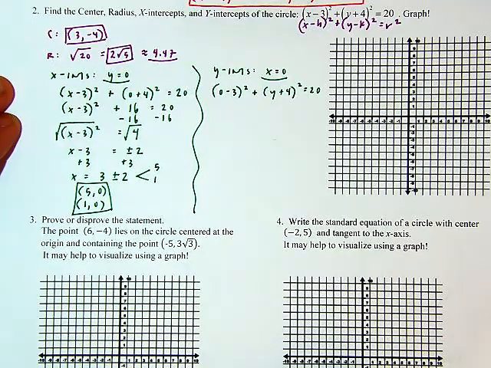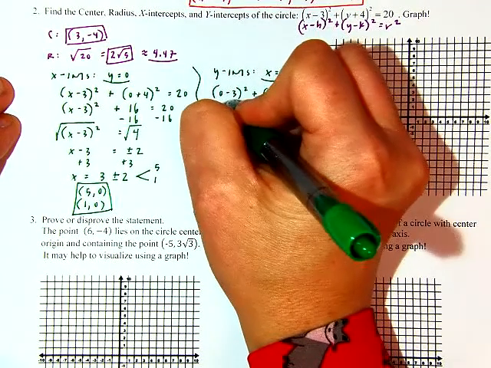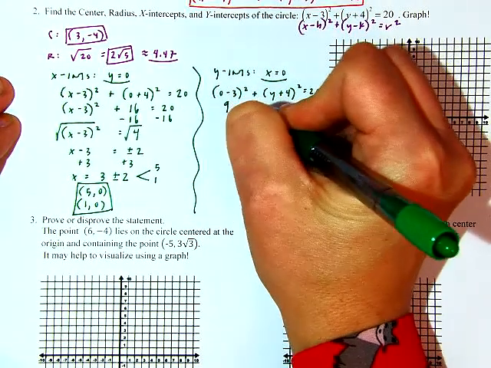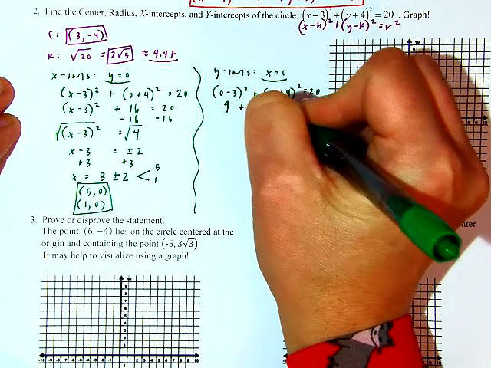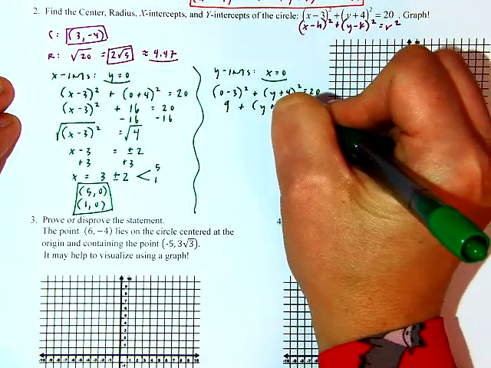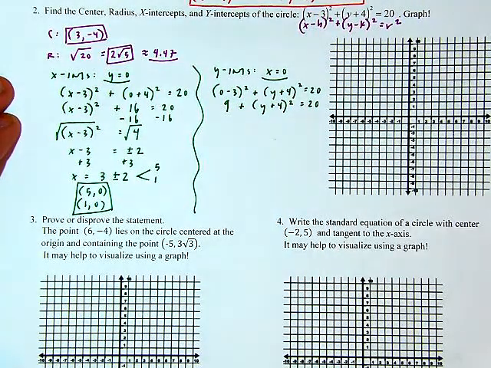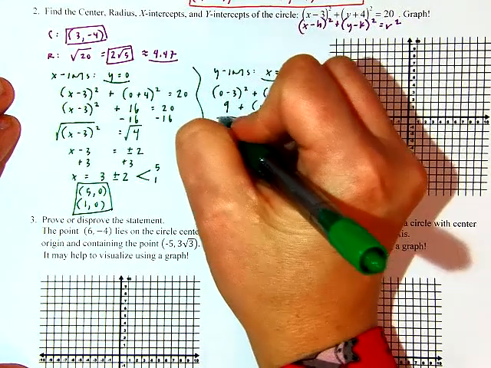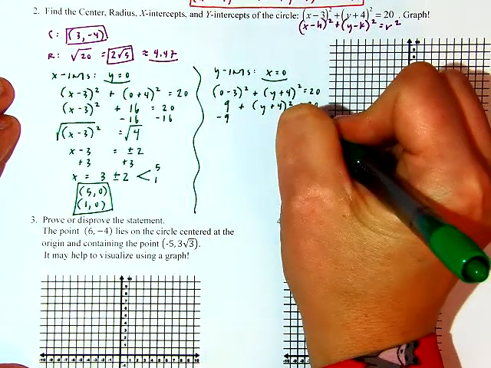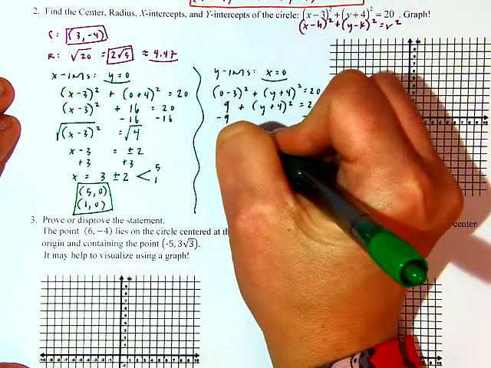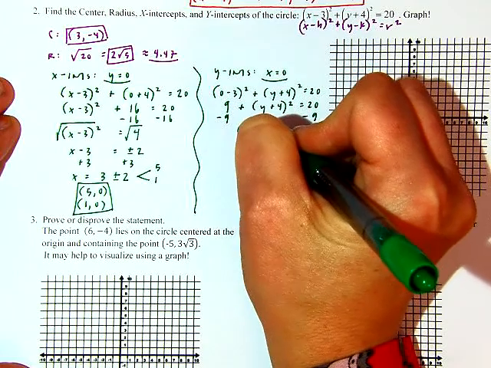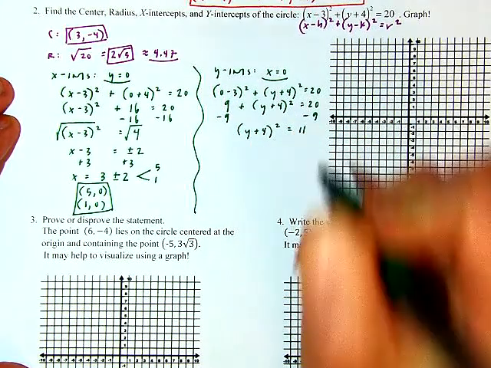Like I said, negative 3 as a quantity being squared is going to get us to 9 plus y plus 4 as a quantity squared equals 20. Okay, take away the 9 from each side. And y plus 4 squared equals 11.